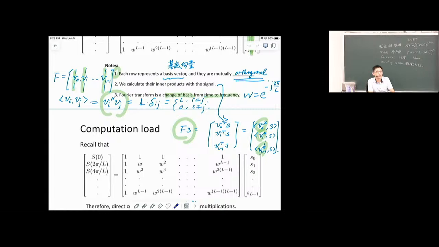And the norm squared is real. Actually, it's non-negative, right? So in order to satisfy that requirement, in general, when we calculate the inner product of two vectors, one of them needs to be conjugated. Okay, now here my habit is to conjugate the first one. In other textbooks, maybe, you can check.